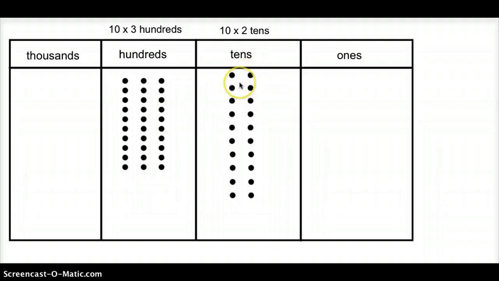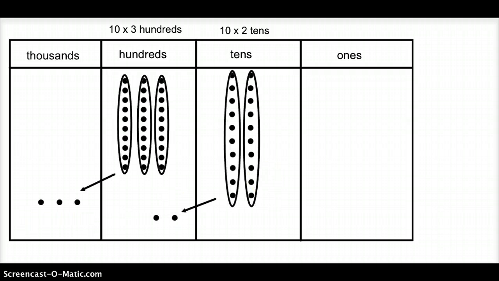In the tens place value, I had my 2 original 10s. I listed those out 10 times for a total of 20 tens. Because I have too many in each of these place values now, I need to bundle them in groups of 10.